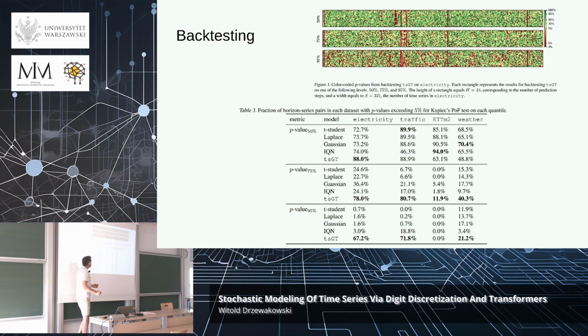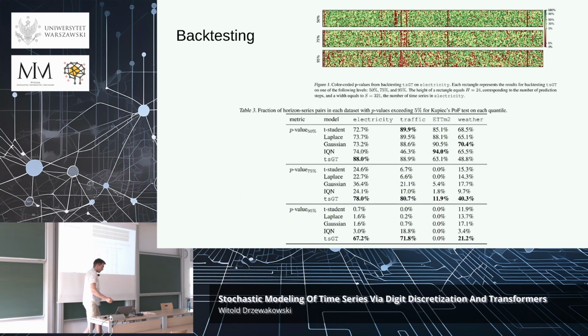On this picture, you can see those values. Basically, the green pixels represent the passed tests, and red pixels represent the tests that we didn't pass. The x-axis is the index of the time series in the electricity data set. And on the y-axis, we have both the quantile levels and horizon steps.